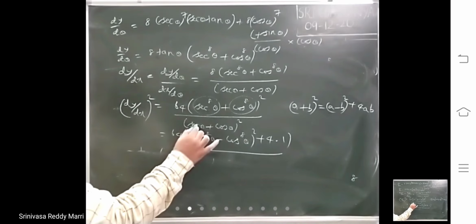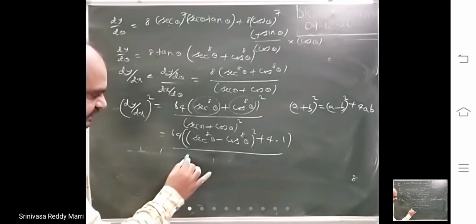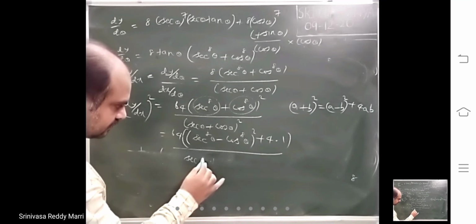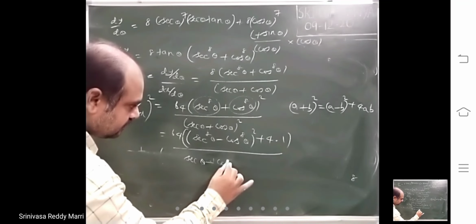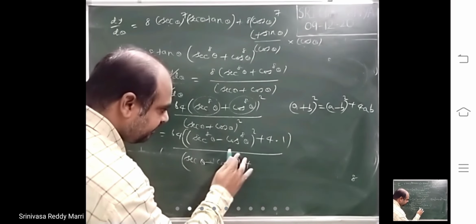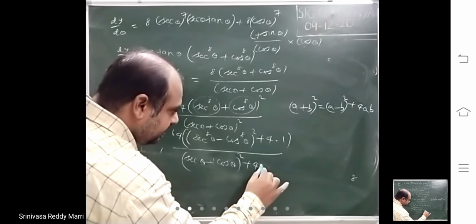Divided by, again a is this, b is this, whole square plus 4ab, 4 into 1 again.